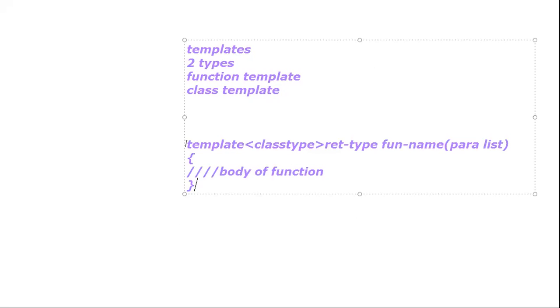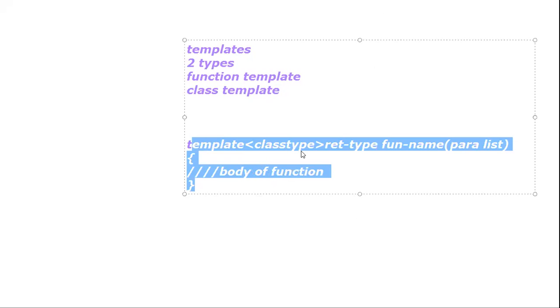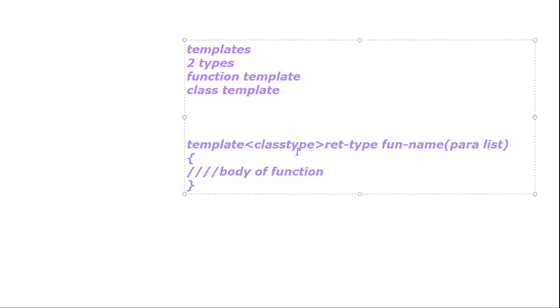So this is the template syntax. Inside the template we'll have a class type, which is nothing but the keyword class with a class name. Then the return type, if necessary, we can take a return type, such as int, whatever it may be, followed by the function name with a parameter list.